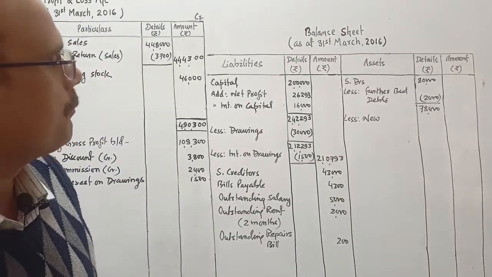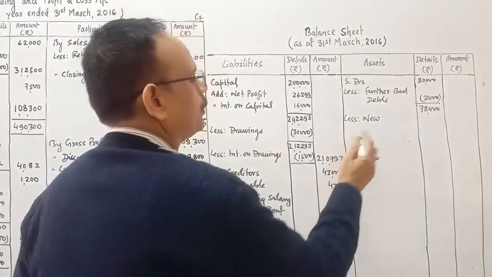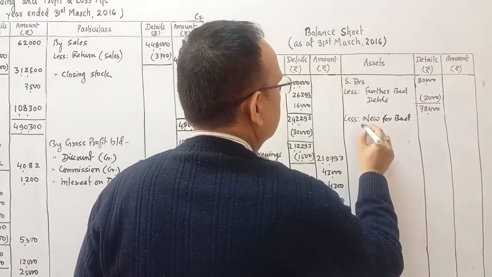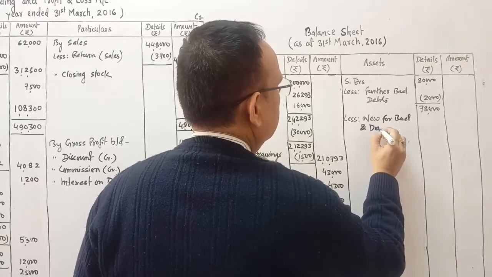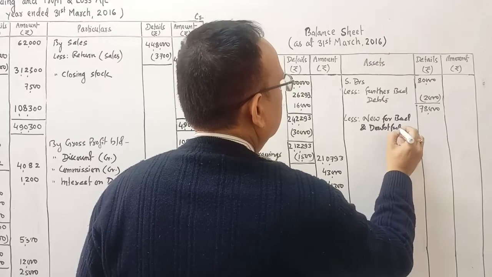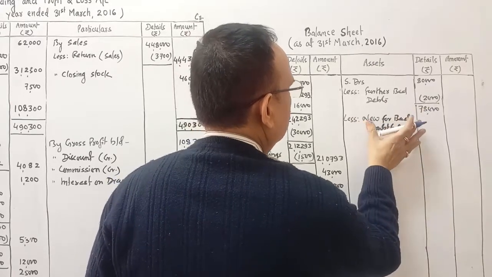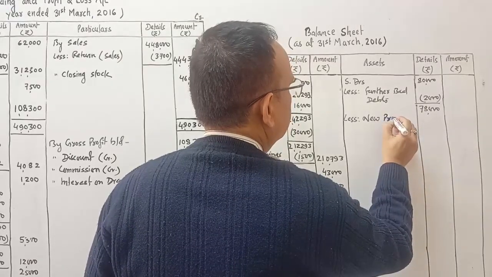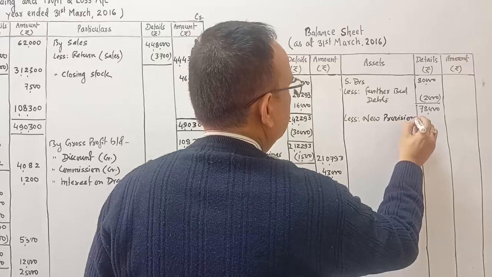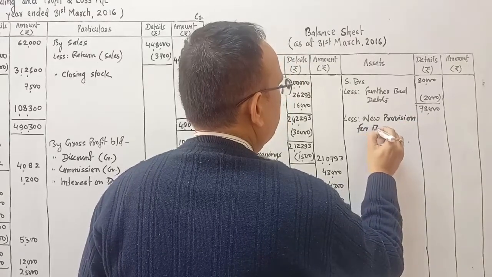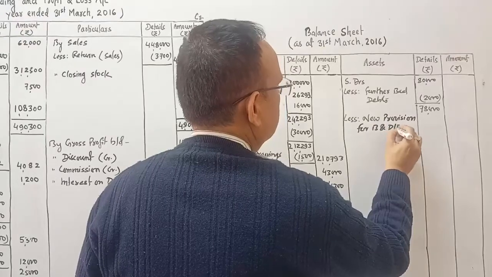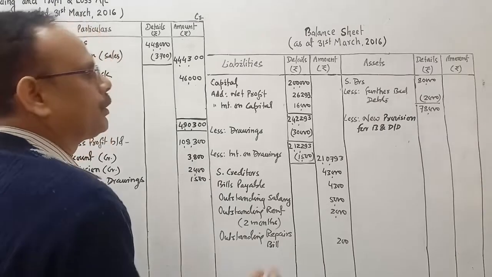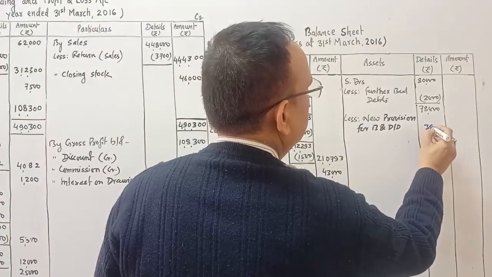New provision for bad and doubtful debts we have already calculated in the working note, 3,900.